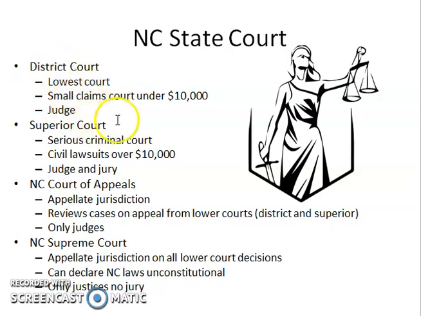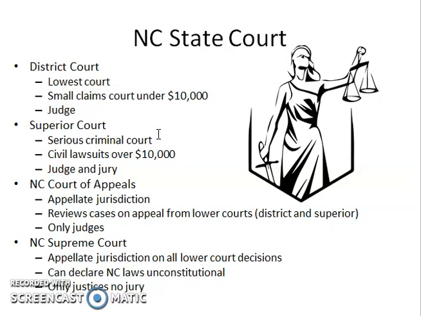The next level in the North Carolina court structure system is the Cumberland County Superior Court. Again, this is your county courthouse. And so every county has a different name on their Superior Court, but it's Superior Court. Superior Court hears serious criminal cases, so that would be felonies. A felony is like murder, kidnapping.